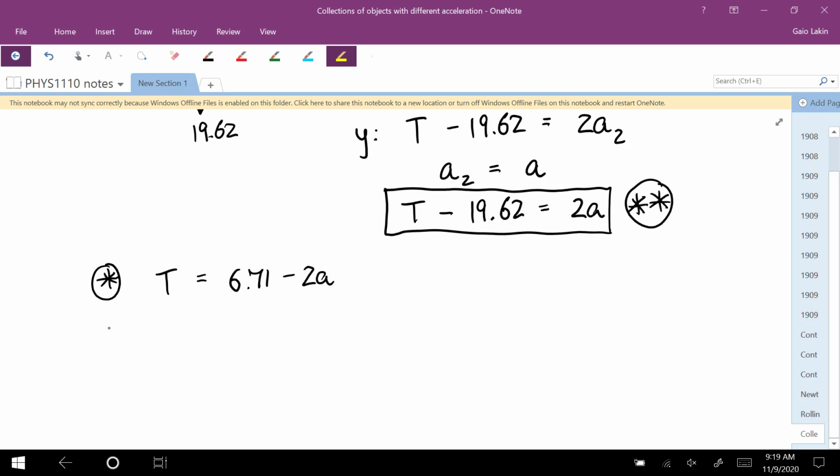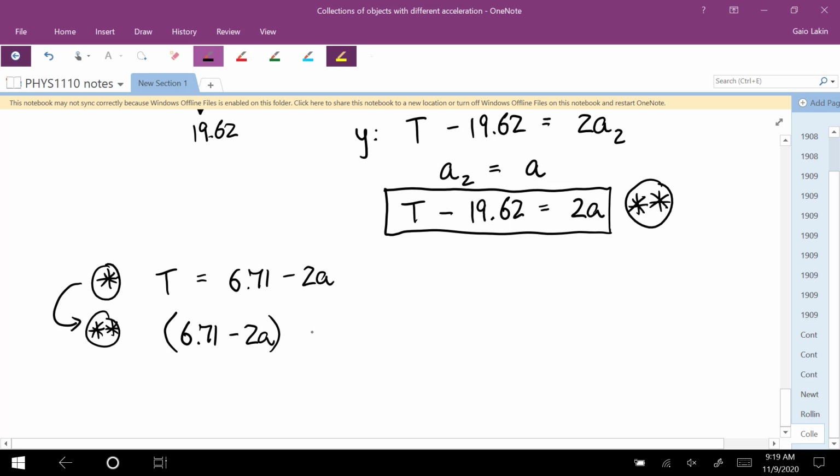So now I'm going to substitute that into equation 2 star. In place of the T in equation 2 star, I'm going to put in all this stuff that's equal to T. So we have 6.71 minus 2A minus 19.62 is equal to 2A.